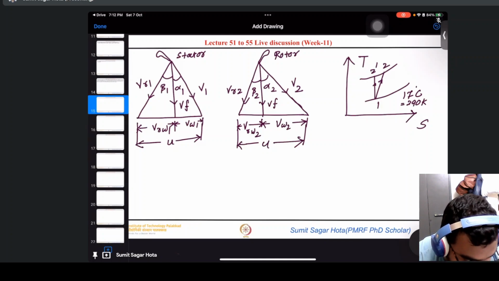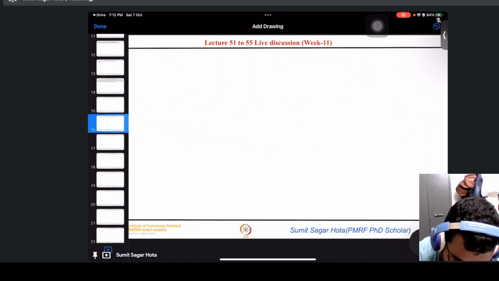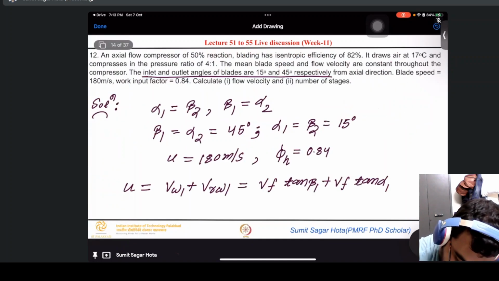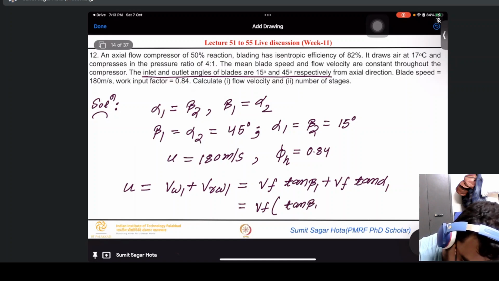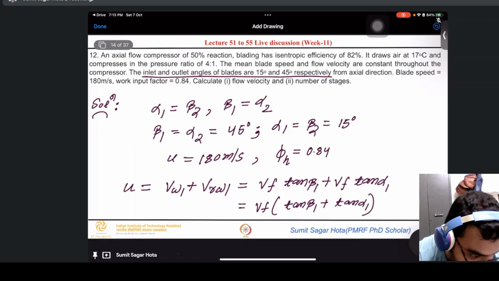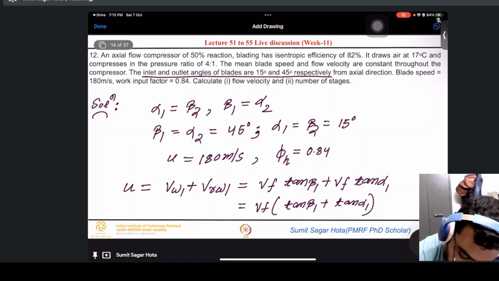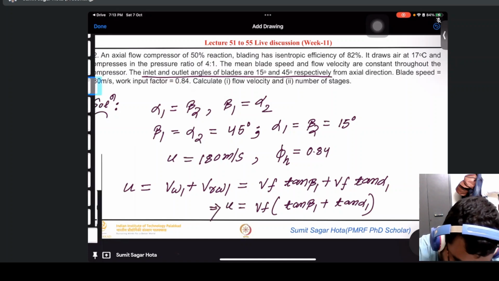So now we can take VF common, and it is VF into tan beta 1 plus tan alpha 1. Now substitute whatever values you have in the equation and find the unknown.